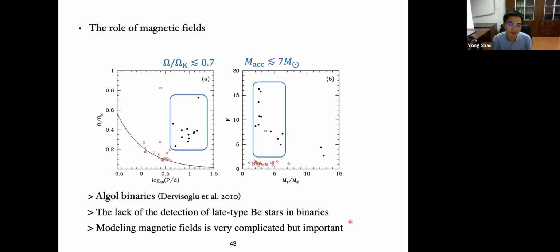However, modeling magnetic fields is very complicated, and we don't know whether all Algol binaries or Algol phases can lead to the formation of strong magnetic fields around the accretors. In the future, we may include the role of magnetic fields to study the formation of Be stars, but it is very hard.